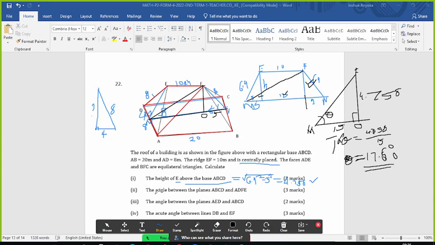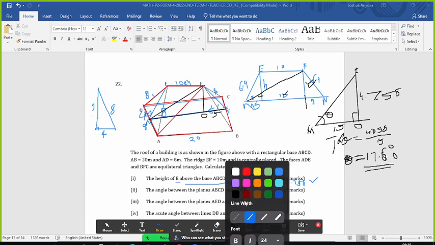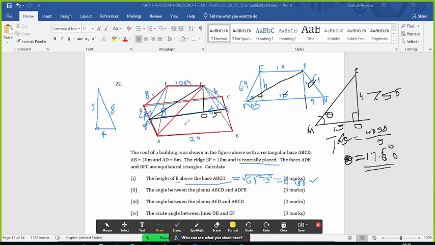All right. Next, Roman 3, the angle between the planes AED and ABCD. Let's follow the same procedure. We draw lines.